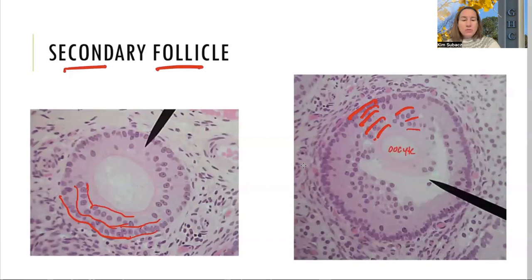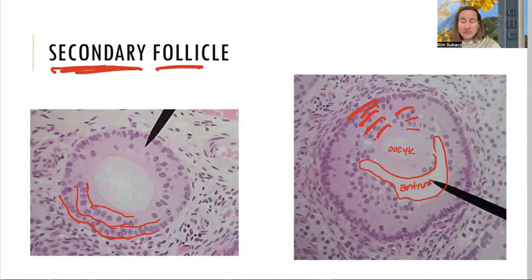And it is also starting to develop this space. Look at this space, this white stuff. It's filled with fluid. And this little space here is called an antrum. As the follicle develops from a secondary follicle to a tertiary or Graafian follicle, the antrum gets very well defined and clear. At the secondary stage, we are just starting to form an antrum.